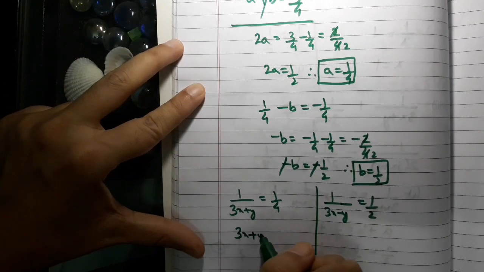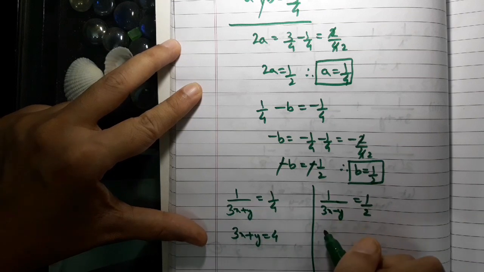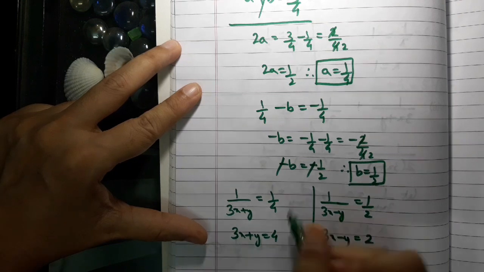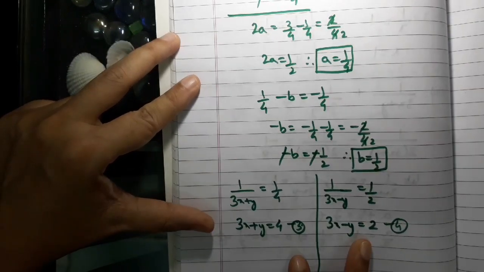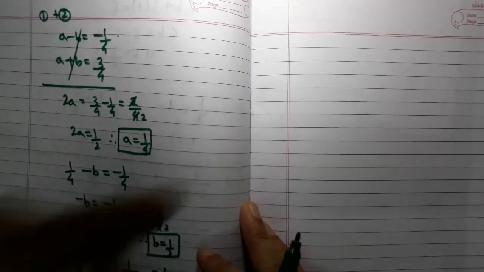So 3x plus y is equal to 4 and here we take the reciprocal. So 3x minus y is equal to 2. Let this be equation 3 and equation 4. Now we have to solve these two equations. So again we will use the method of elimination. So we simply add equations 3 and 4.